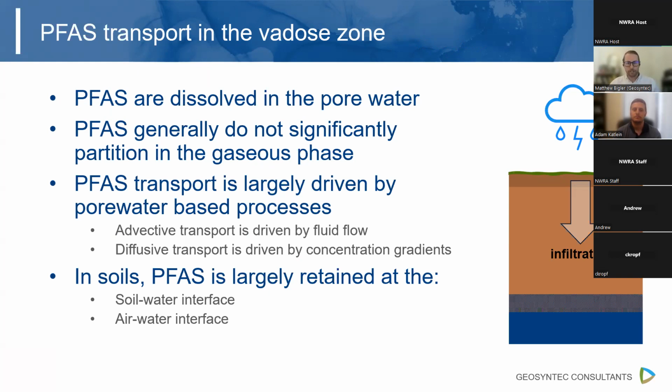In these soils and in this unsaturated system, the PFAS is largely retained by our soil water interface and our air water interface. And so these are primary regions of retention in the vadosome. I'm going to dive a little deeper coming up into what drives the soil water interfacial retention and the air water interfacial retention.